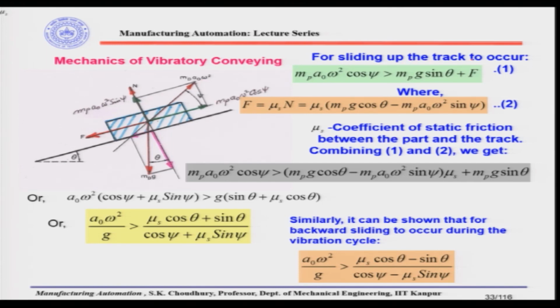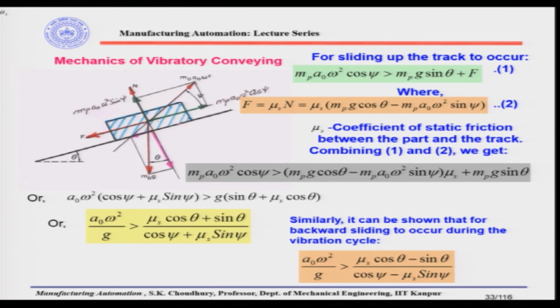So, for sliding up the track to occur, this MP A0 omega square will have a component MP A0 omega square cos psi in the direction along this F. F is the frictional force, N is the normal force. Because of this there is a friction force F, and mu S is the static coefficient of friction between the part and the track.